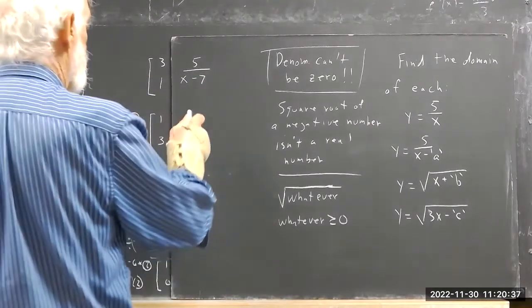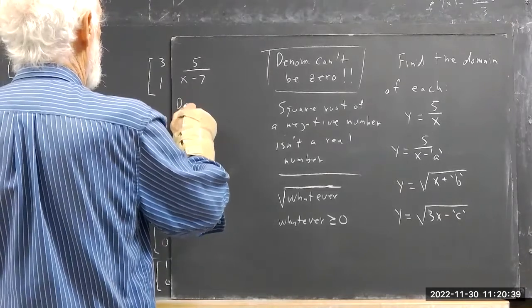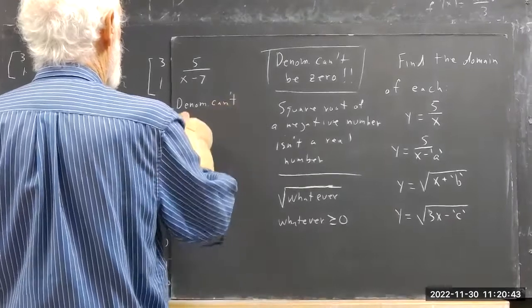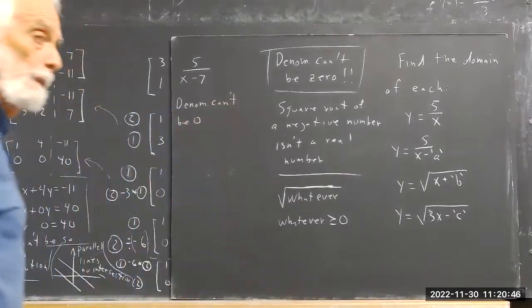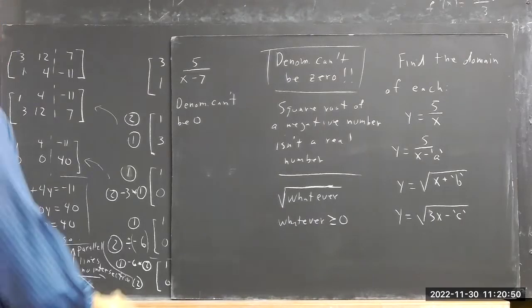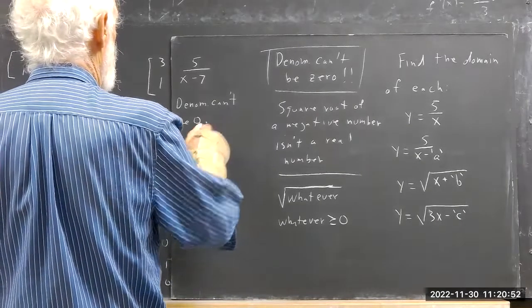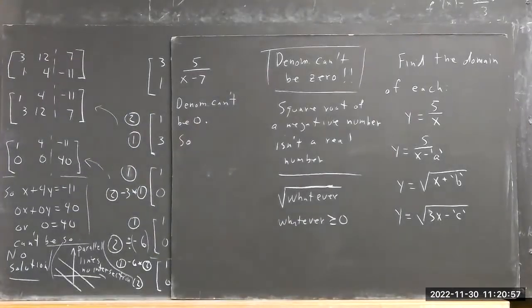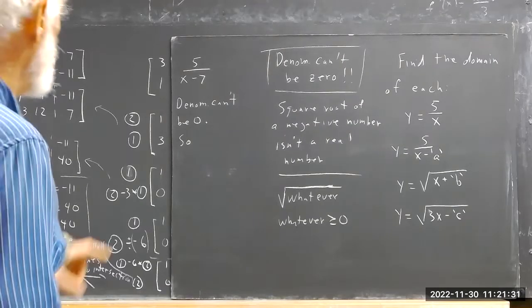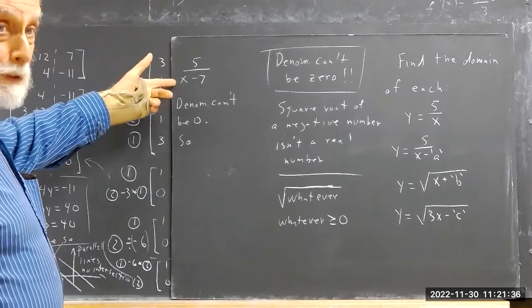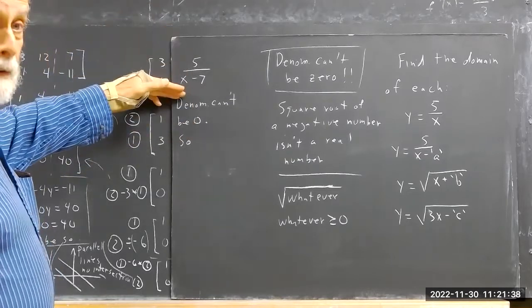Well, the denominator can't be 0. What's the denominator? Don't tell me yet. What's the numerator here? It's 5. What's the denominator? It's x minus 7. Got a numerator, got a denominator.